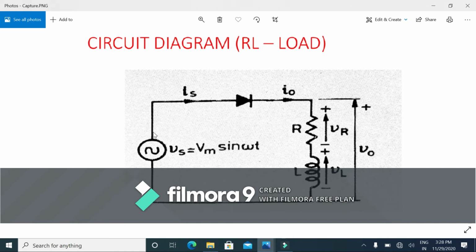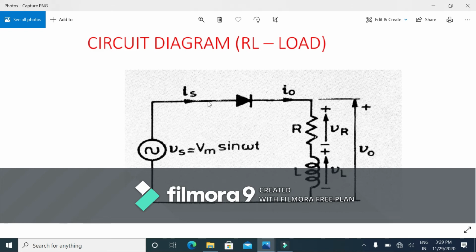This part will be negative, this is positive, since the inductor starts releasing energy. That means the energy stored in this inductor now aids the voltage source, and that energy gets dissipated across this resistive load.